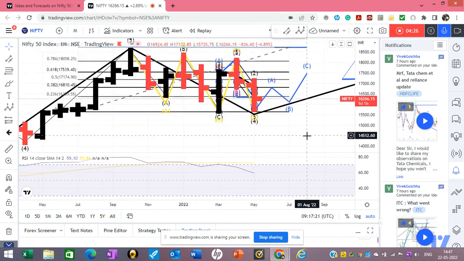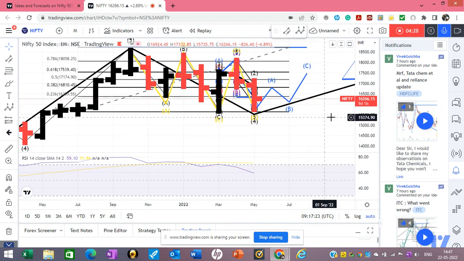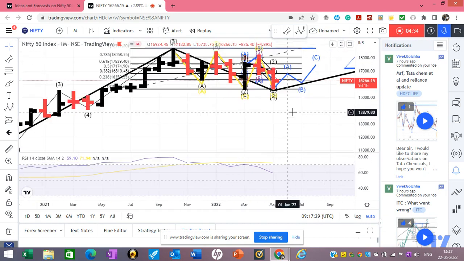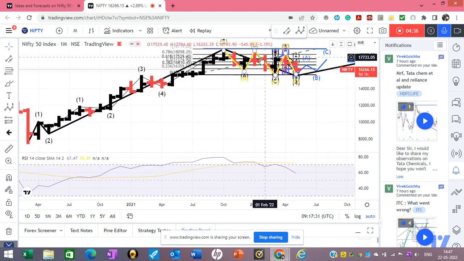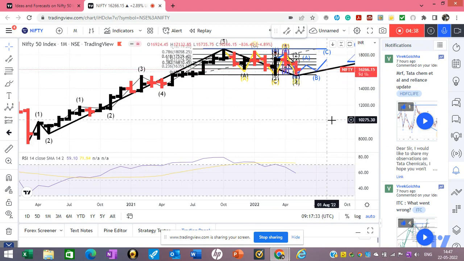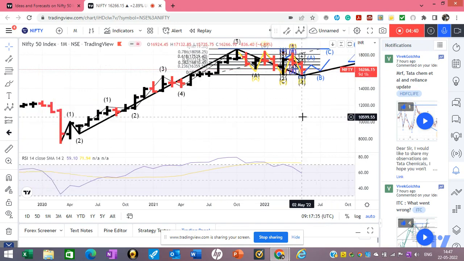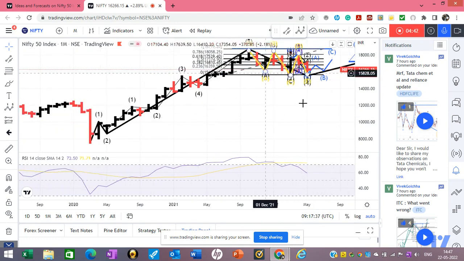So watch out, because if the selling starts in Nifty, then if this is wave A, it can go all the way down to 10,000, because wave A is going to wipe out this whole wave.